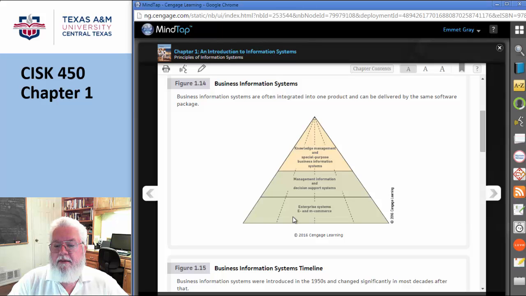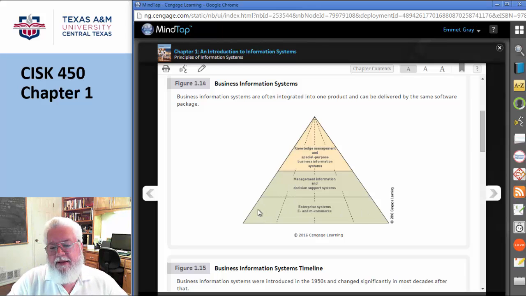So at the bottom of the pyramid is the bare bones basic thing, and it's going to be some sort of enterprise system that collects data from everyone. Then going up the pyramid is what's called an MIS. There's an entire chapter on MIS, so just kind of nod your head. And decision support system, there's an entire chapter on that too.